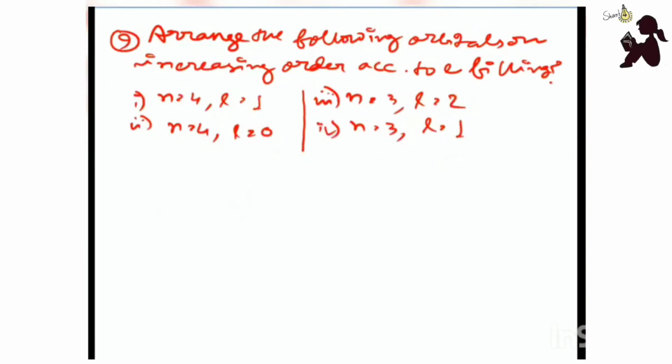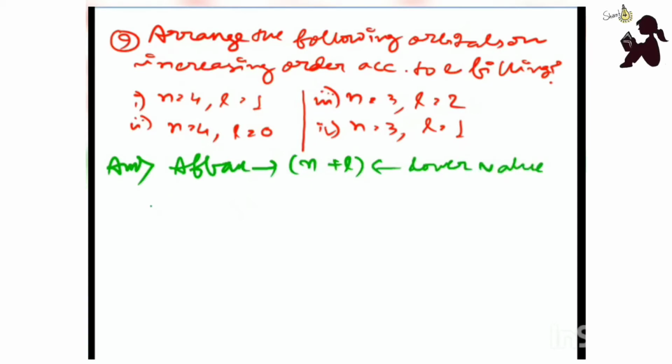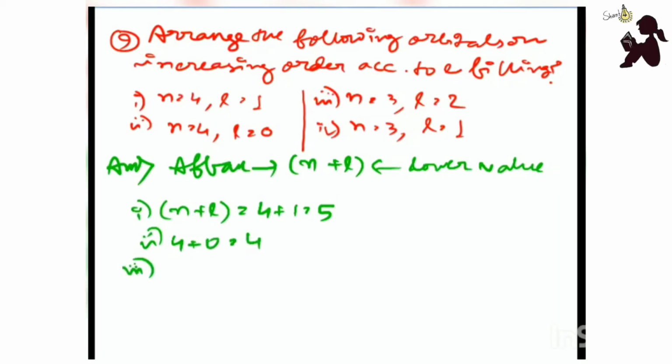So let's see question number 9. In question number 9, they have given you 4 values, and they have asked for the increasing order of electron filling. So according to the above, we know the n plus l rule, that is, the lower value will be filled first. For the first case, n plus l is 4 plus 1 equal to 5. For the second case, it will be 4 plus 0, that is 4. In the third case, that is 3 plus 2, that will be 5.